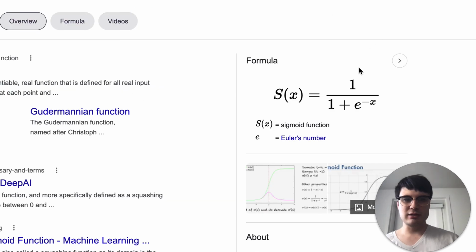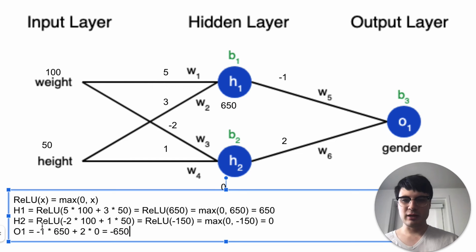So this is the sigmoid activation function. It's 1 over 1 plus e to the negative x. And it gives us, for any real number, a value between 0 and 1, which is useful for getting a probability distribution. So O1 is really the sigmoid activation applied to -650.